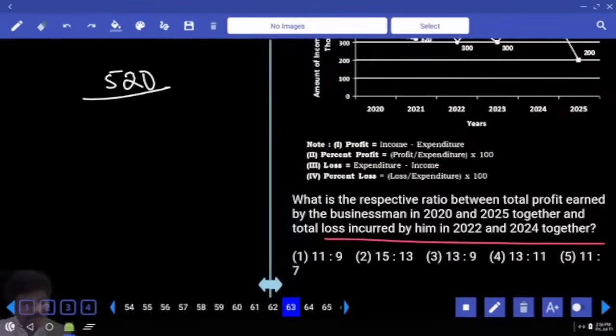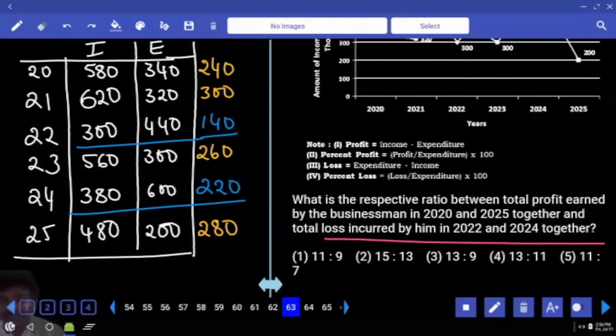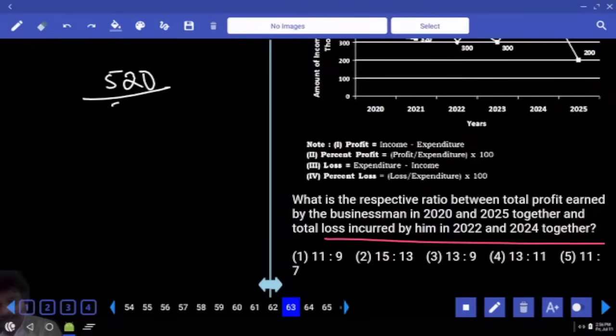In 2022, how much loss is made? 140 loss. In 2024, 220. Both together, and we were asked to calculate the ratio only. Cancel: 4, 13, 9. Third option.